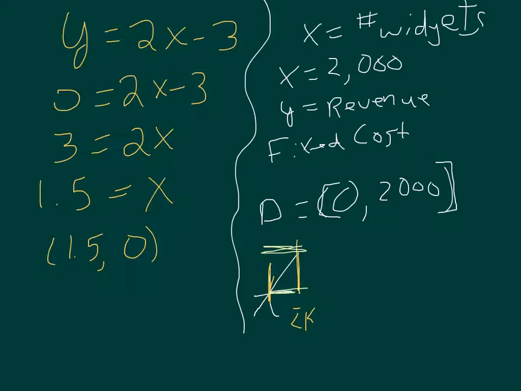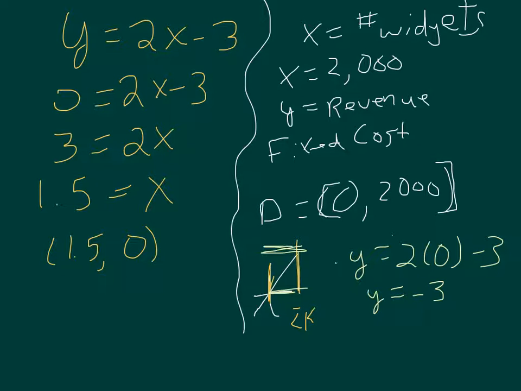So at 0, we already saw that at 0, y is equal to 1.5. Oh, sorry about that. That is not correct. We solve for y when x is equal to 0, not x when y is equal to 0. So at x is equal to 0, we have y is equal to 2 times 0 minus 3, which is y is equal to negative 3.